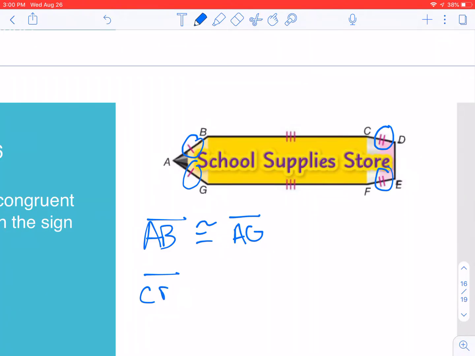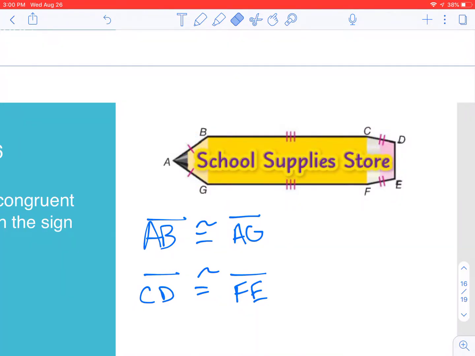So segment CD is congruent to segment, we're going to call it FE, because you have to use the same letters that correspond to the same point. So C and F correspond to the similar point. Last but not least, I'm going to erase these.